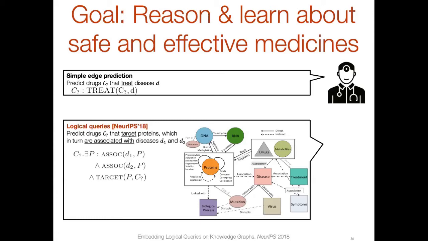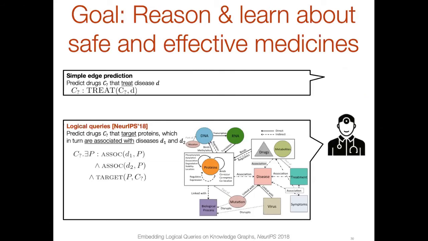So far, the predictions I talked about were more or less very simple link predictions. Remember, before we were basically asking, can we predict drugs that treat diseases? We had those drug subgraphs and disease subgraphs, and our predictions were simple edge predictions. We were predicting links between drugs and diseases.